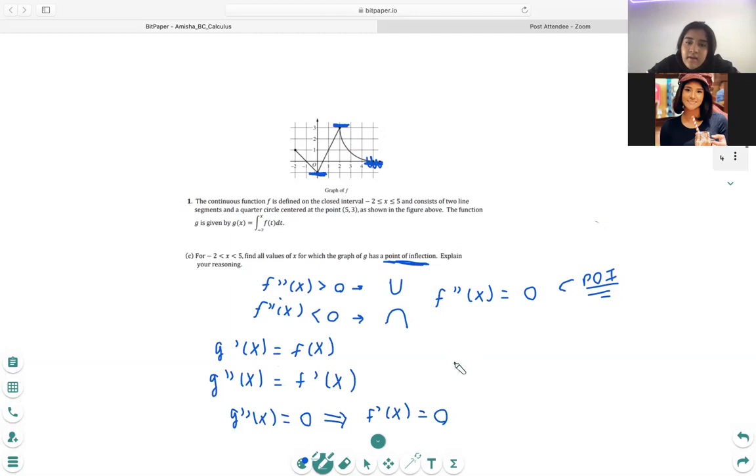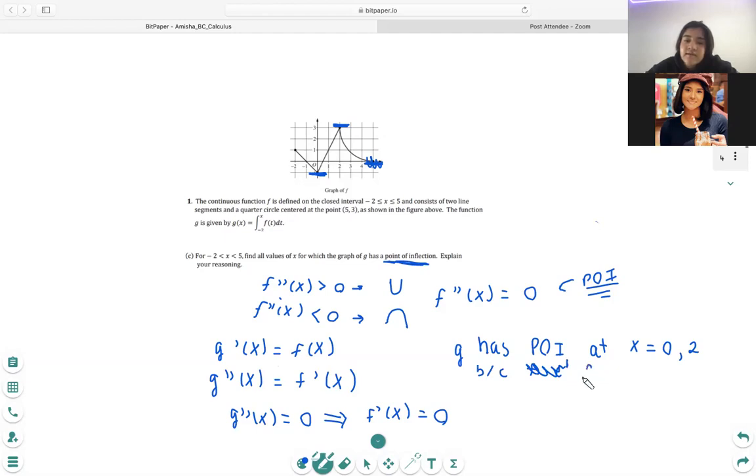So we can say g has POI at x equals 0 and x equals 2 because, well, we cannot talk about f, we have to connect it to g.